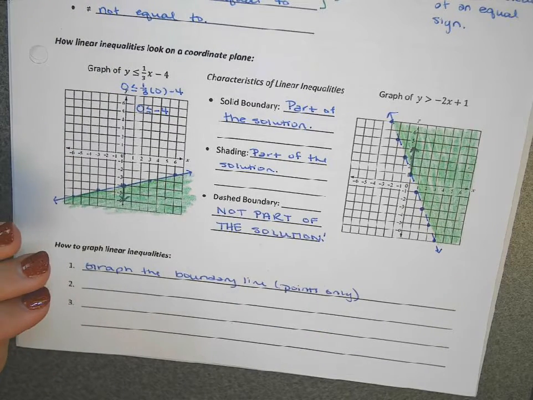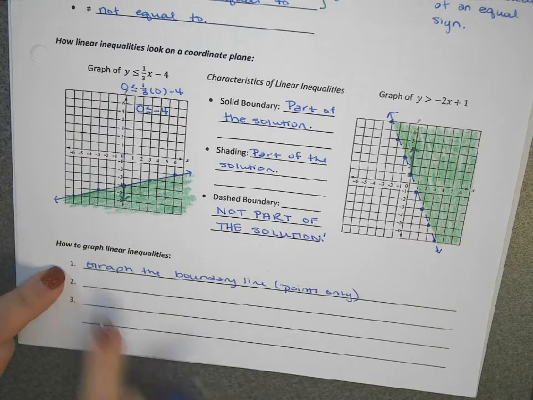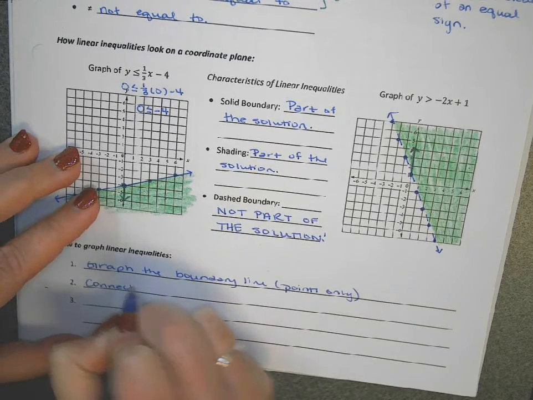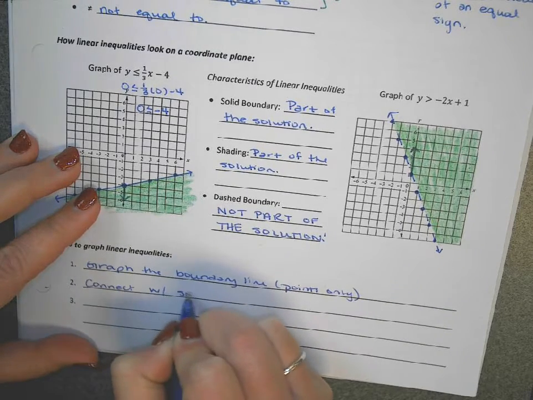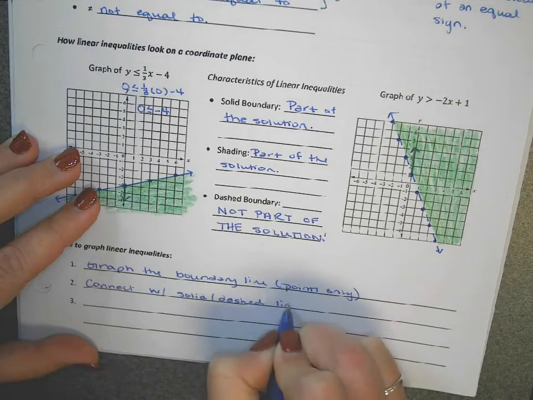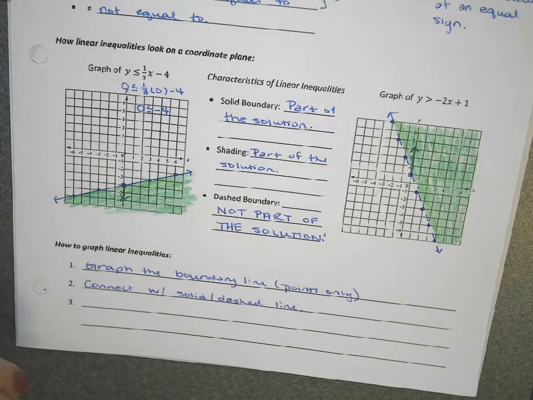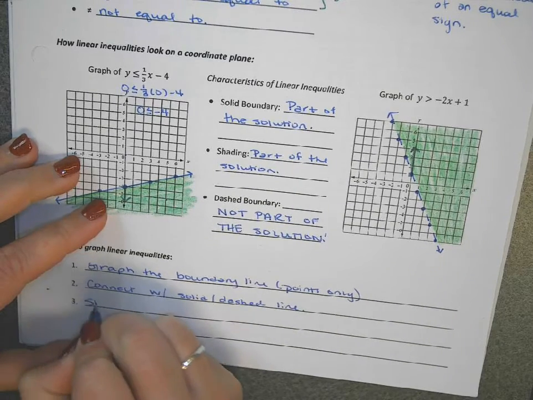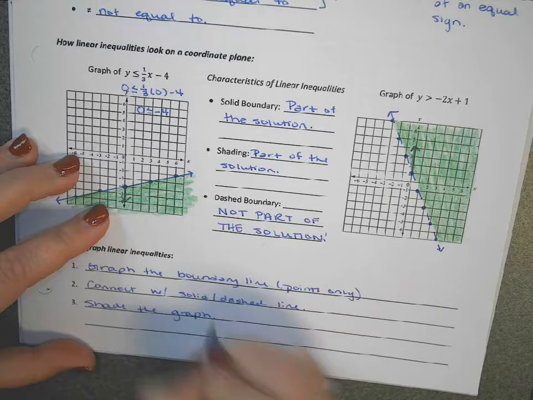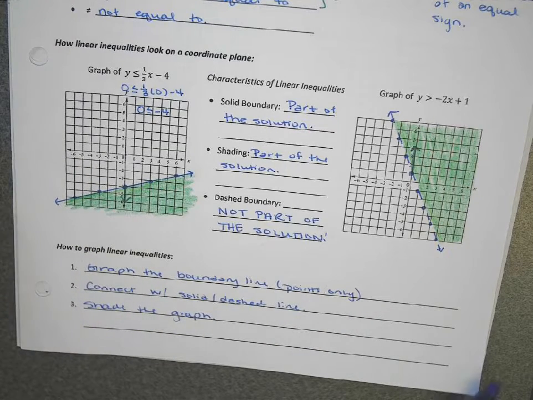And then you will have to see if you need to connect with a solid or a dashed line. And then, once you do that, you need to shade the graph, because our graph is a boundary. It is no longer just the line. It is a boundary. It's an area. Okay?